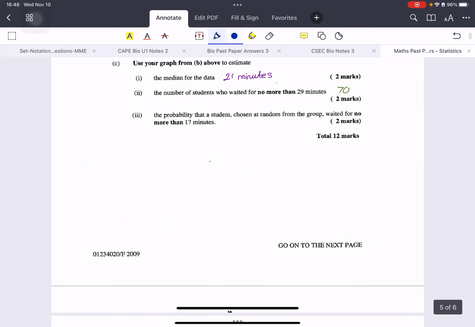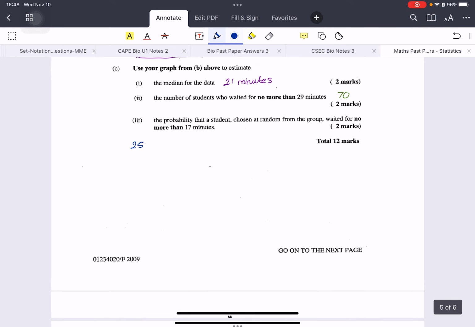So 25 students did not wait more than 17 minutes. So the total amount of students we had in the class was 80 students. So the probability is 25 over the 80 students.